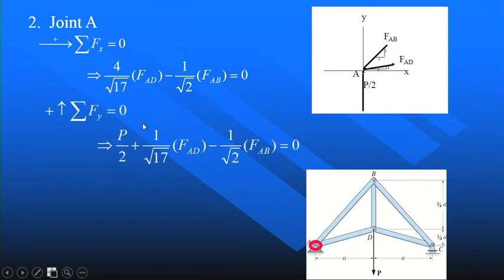Use the second projection equation, sigma Fy equals 0, then we get this equation. Solve the two equations simultaneously. Finally, we can get FAD equals 0.687 P in tension.